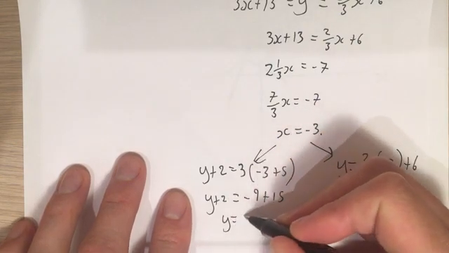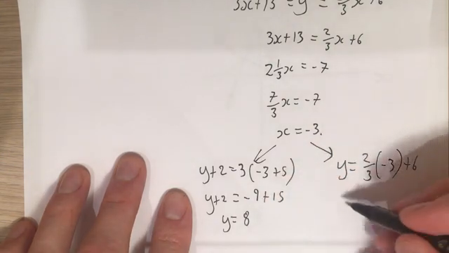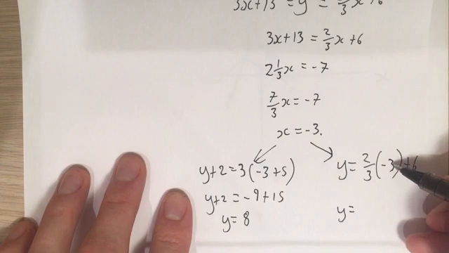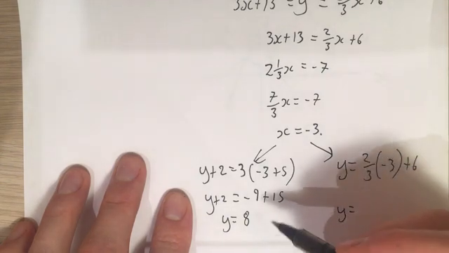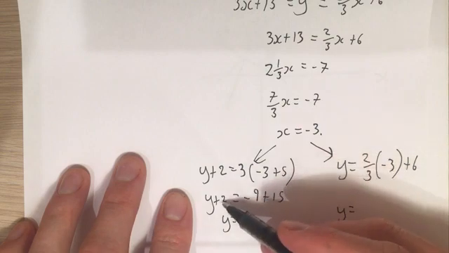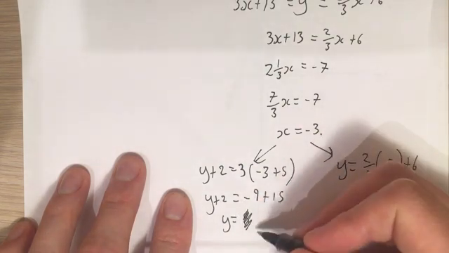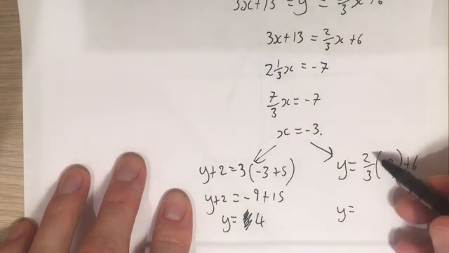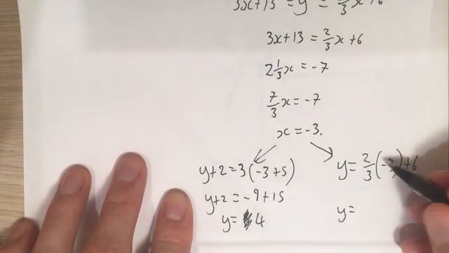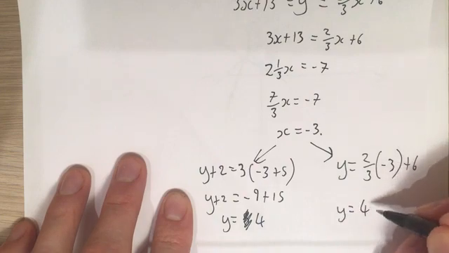So y equals 8. Work that out over here. y is going to be 2/3 of minus 3, that is going to be minus 2, plus 6 is going to be 4.